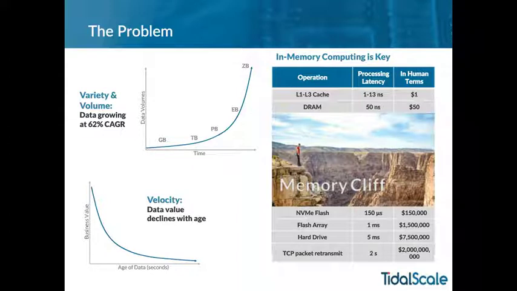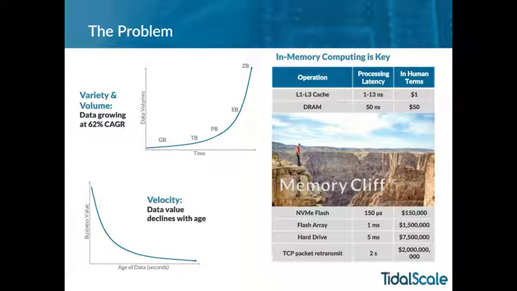Looking at the right-hand part of this slide, if we look at the different types of memory that are available, obviously the level 1 through 3 cache is the fastest, DRAM is next, NVMe flash, flash arrays, hard drives, etc. We call that gap between DRAM and NVMe flash the memory cliff, because once you're going to storage, even very fast storage, the amount of time it takes to load the data and analyze the problem changes by orders of magnitude.